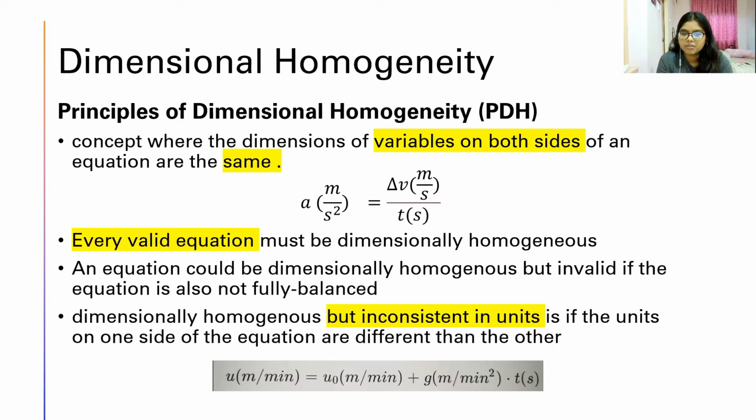An equation could be dimensionally homogeneous but invalid if the equation is not fully balanced. Dimensionally homogeneous but inconsistent in unit is when the units on one side of the equation are different from the other. As you can see in the given example, u, which is the velocity, is equal to initial velocity plus the gravitational acceleration times t, where t is in seconds while the others are in minutes.